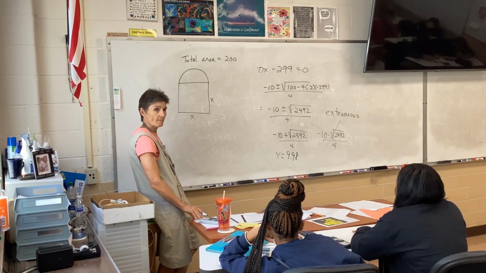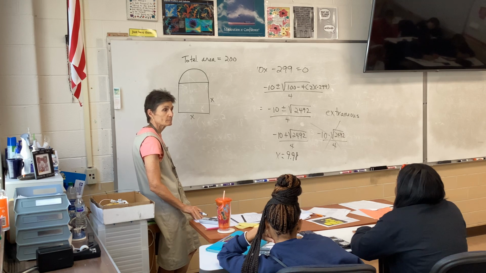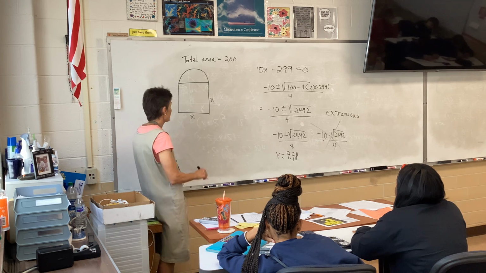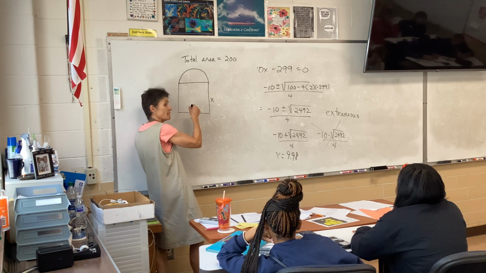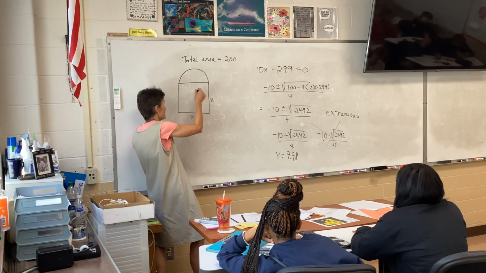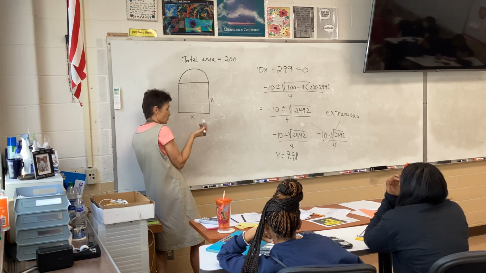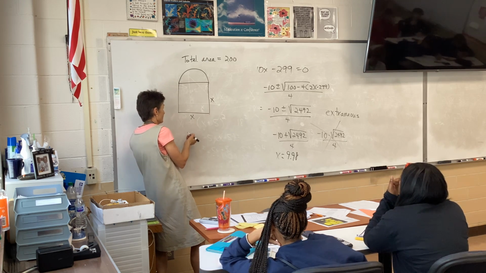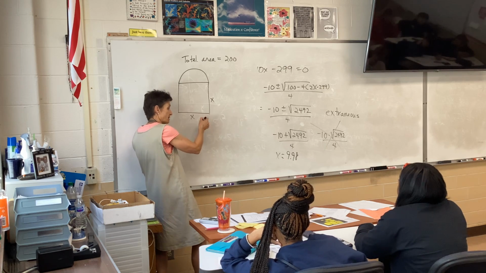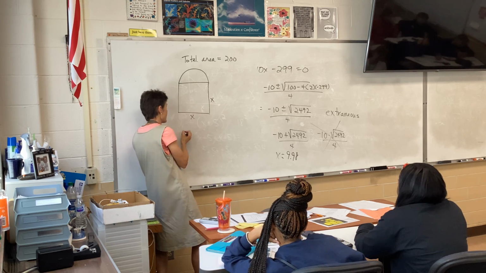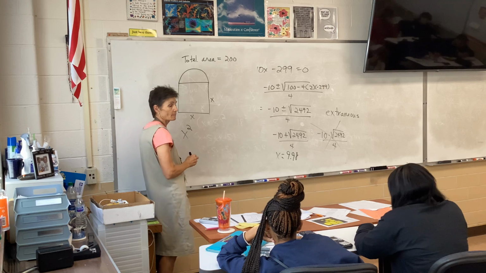Any thoughts on that? Well, isn't this picture 2 pieces? And this bottom piece is a square. What's the area of a square? Base times height, length times width, side times side. It's x squared, isn't it?